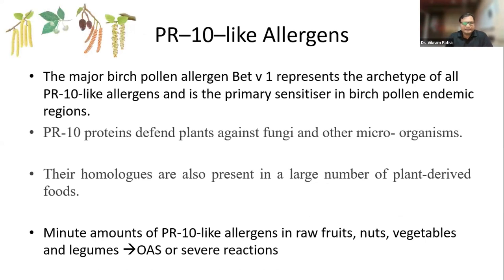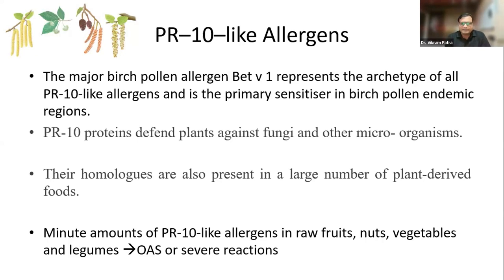So what is PR basically? The major birch pollen allergen, Bet v 1, represents the archetype of all PR10 like allergens. And this is considered to be the primary sensitizer in birch pollen endemic regions. Suppose a person is staying in the Himalayan belt, and they come with birch pollen sensitization on skin prick test, and if we go for the component, then Bet v 1 will be present approximately 80 to 100% of the time.